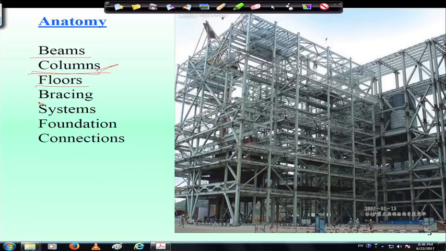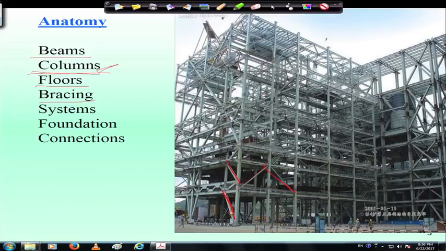Then the bracing system is an important system in the case of steel structures, because you see here, these are the bracings. Bracings are provided just to increase the load carrying capacity in terms of horizontal load. When horizontal load is more, we can provide certain bracing in certain places so that the system becomes stronger.